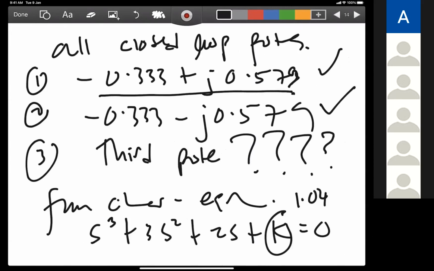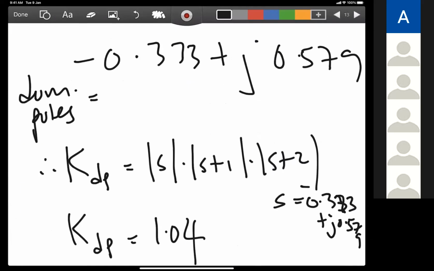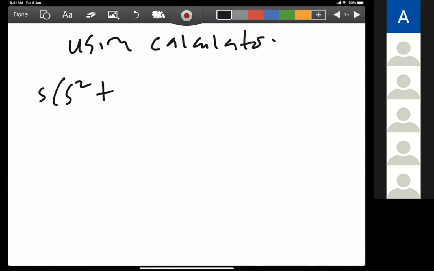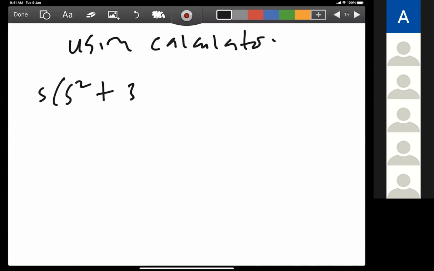So in here is cubic. But you know the first one and the second one, right? So in fact, you can factorize. Am I right? s square plus 3s plus 2, plus k, 1.04, correct?